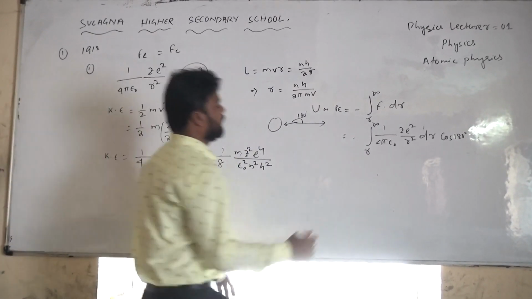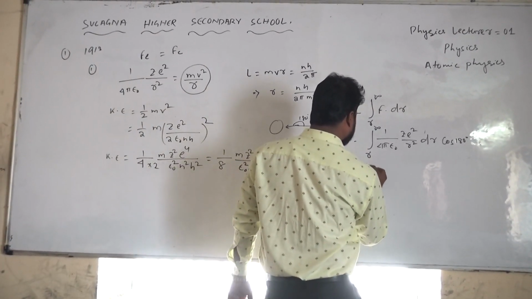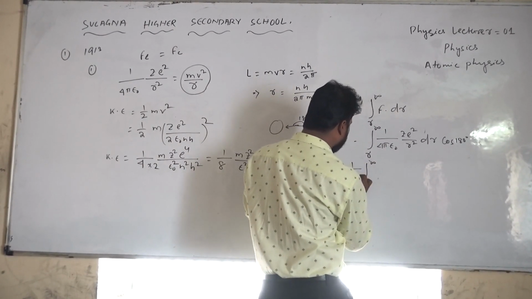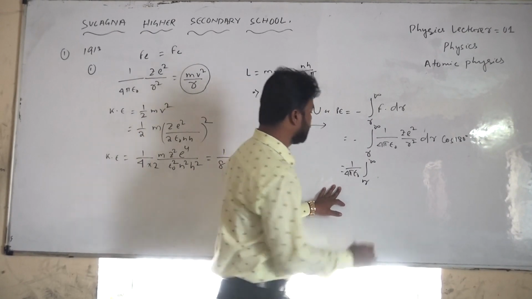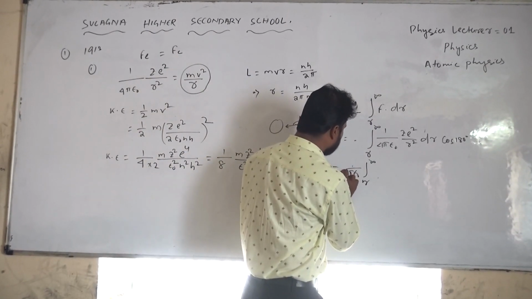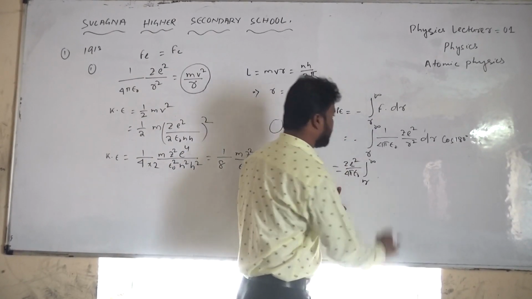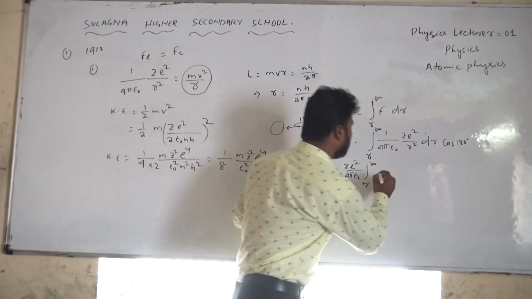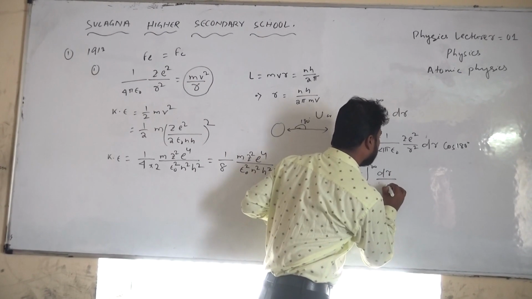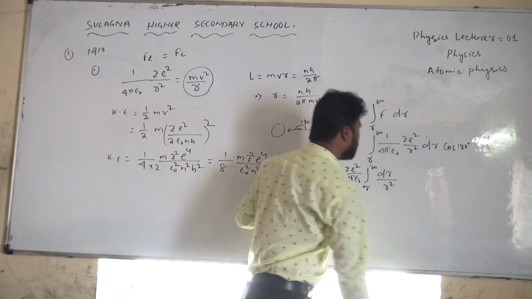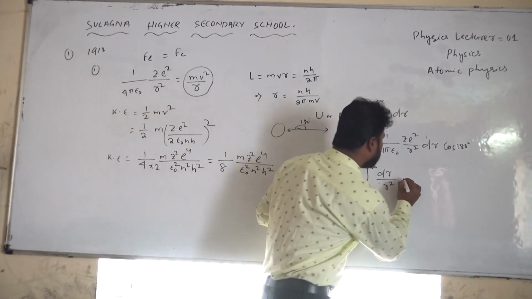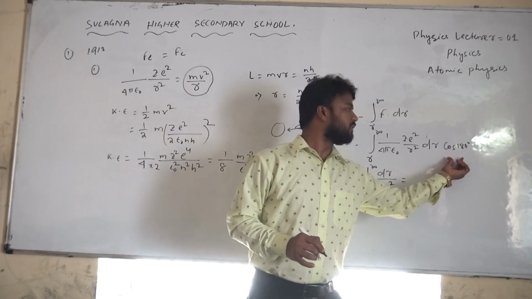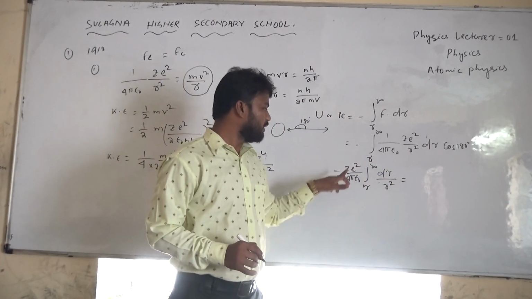So, integral from r to infinity of 1 by 4 pi epsilon naught z e square dr by r square. Here cos 180 degree is minus 1, so minus minus plus.